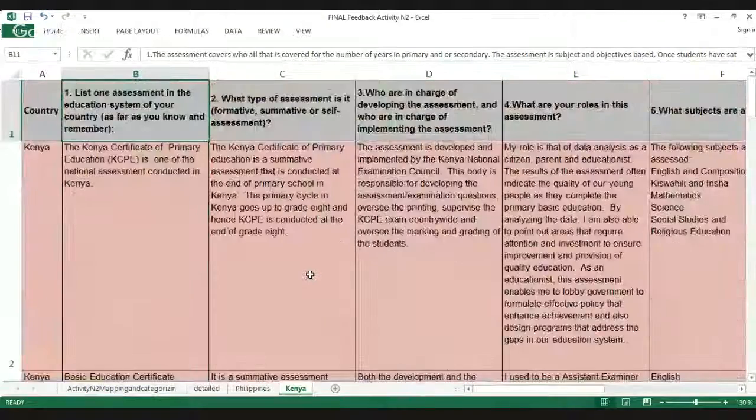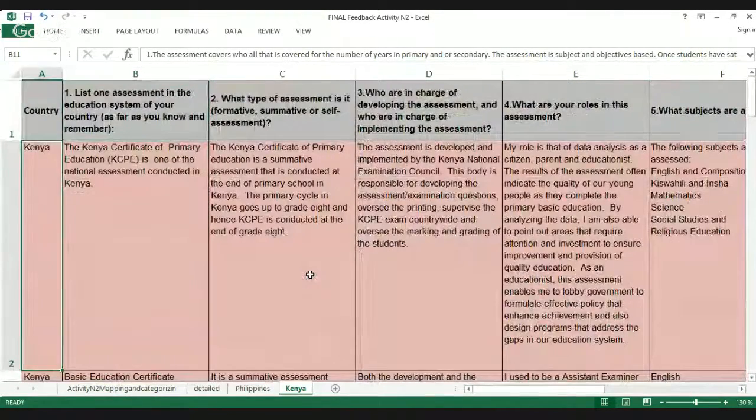Now, it may be argued that this also depends on who you are. None of the Kenyan participants chose classroom assessment as the one selected by them. I'm sure that classroom assessment exists, because I know there are many exercises at classroom level.